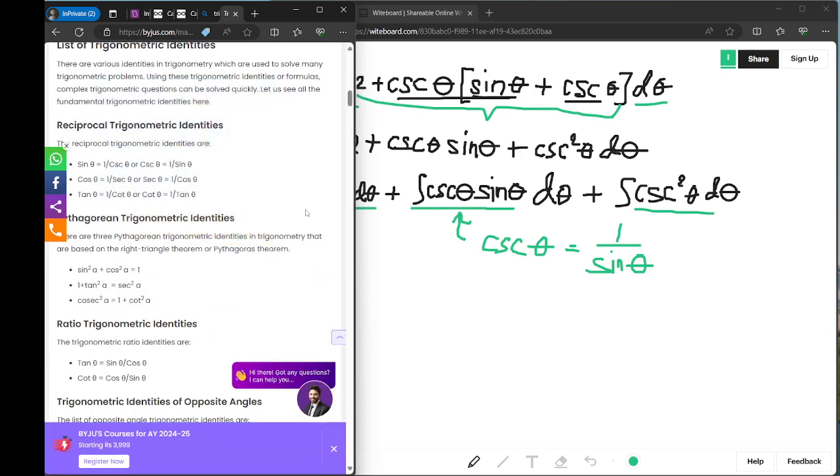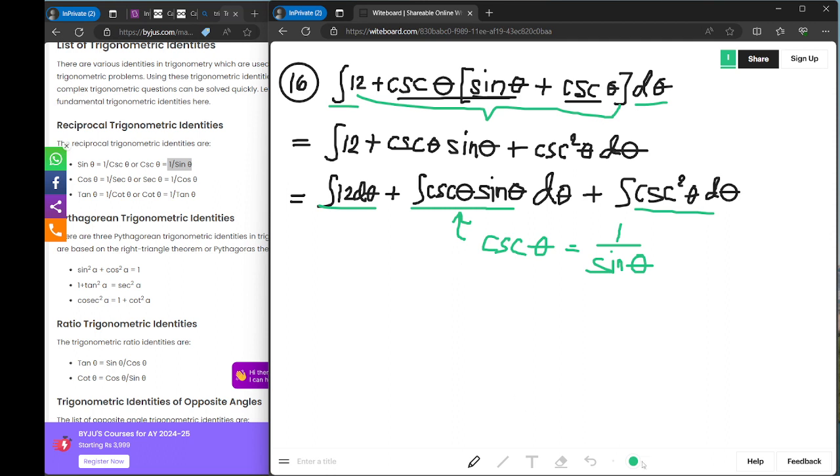So my memory is still working. Sine theta is equal to 1 over cosecant theta, and in the same way, cosecant theta is equal to 1 over sine theta, which means we can replace either sine theta or cosecant theta.